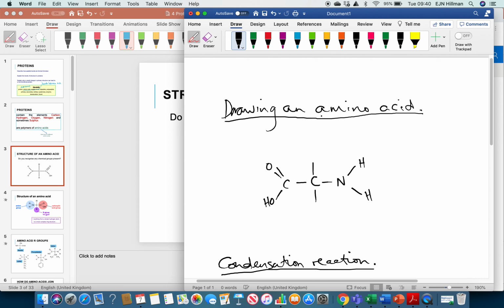From the name, the amino bit comes from this part of the amino acid, and the acid bit comes from this part. But you'll notice that carbon still has 2 more spaces.